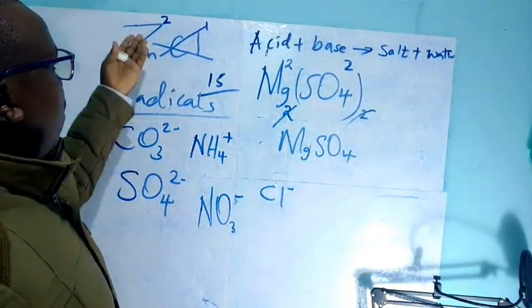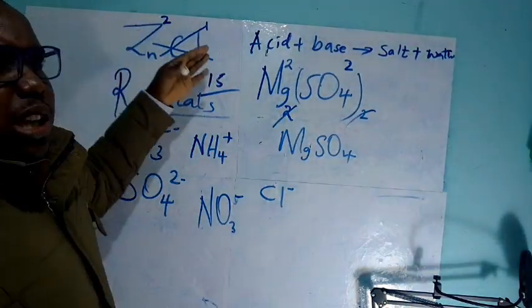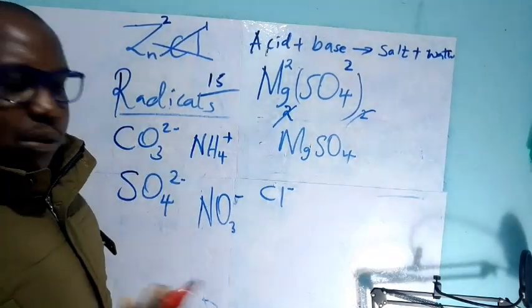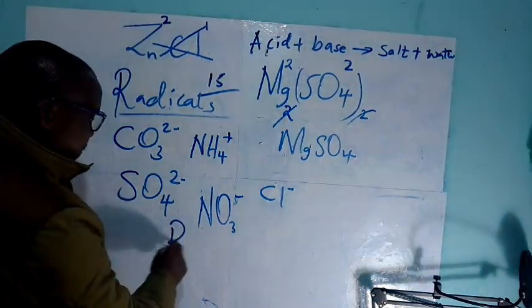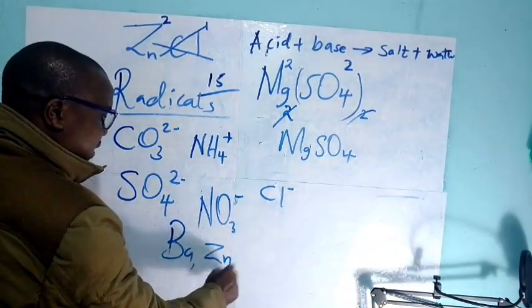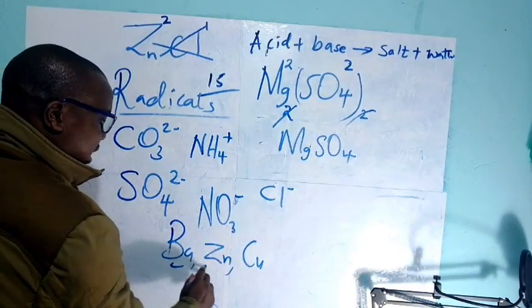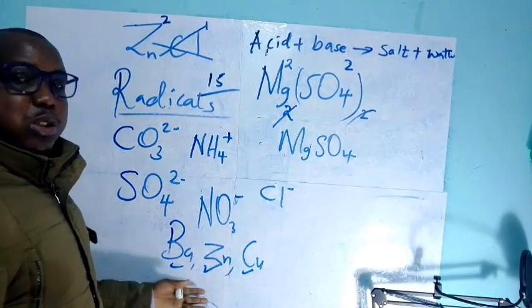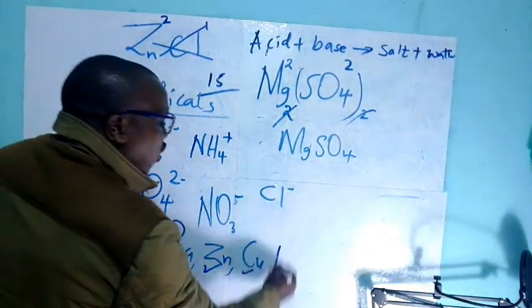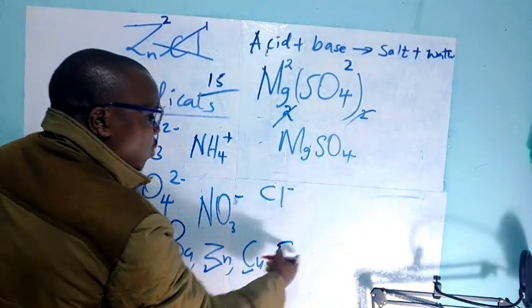It will give you all the elements which are not in the first 20. We have a few of them. We have barium, we have zinc, we have copper. All of these ones have a valence of 2. The majority of them, except only iron, which has got iron 2 and iron 3.